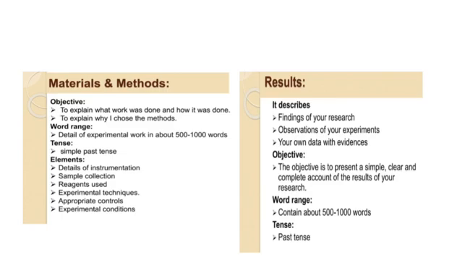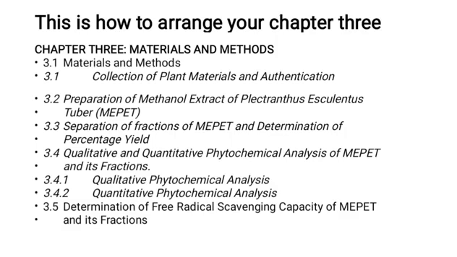It describes and explains what work was done and how it was done. Explain why you chose the method. So it has to do with details of instrumentation, sample collection, reagents and experimental technique, appropriate controls, and experimental conditions. All of them are what is stated in it. So this is how you arrange your chapter 3.